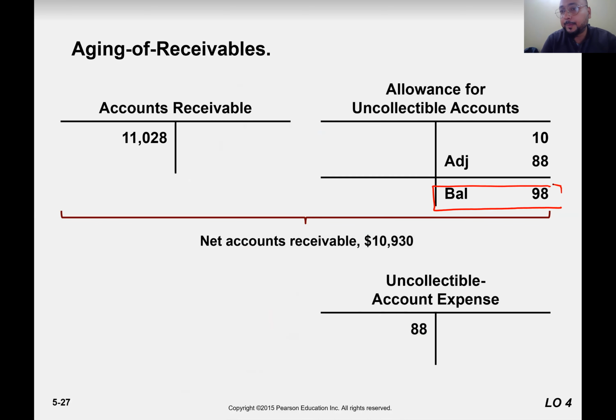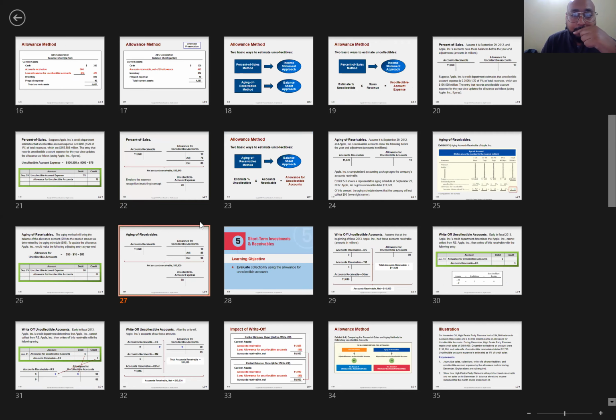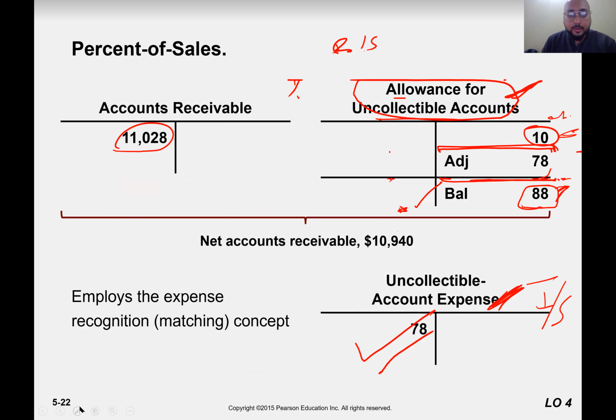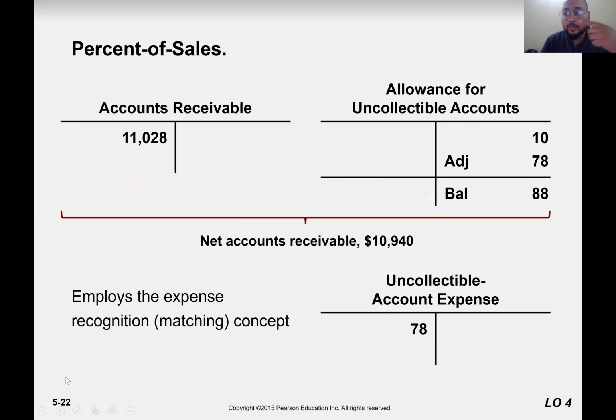So now we discussed why I stress the percentage of sale method here. In the percentage of sale method, we multiply 1% by the account revenue, and the answer gives you the expense.